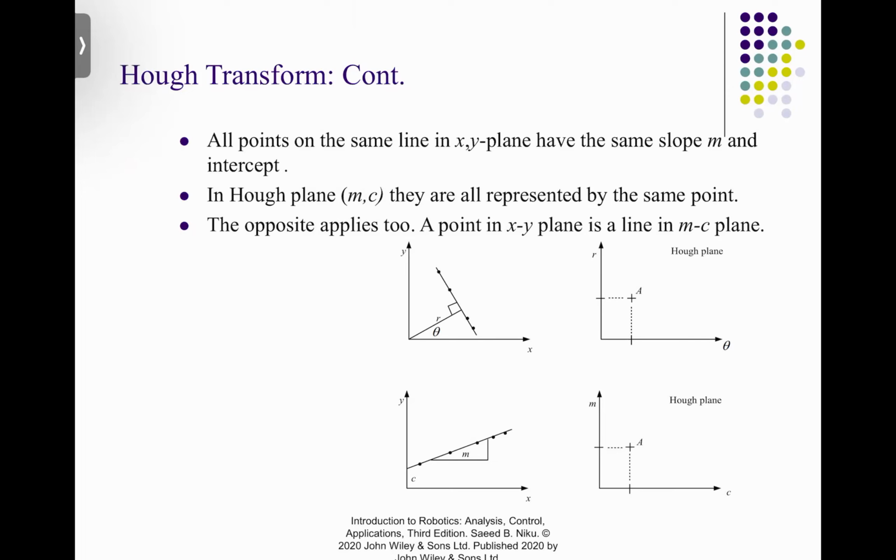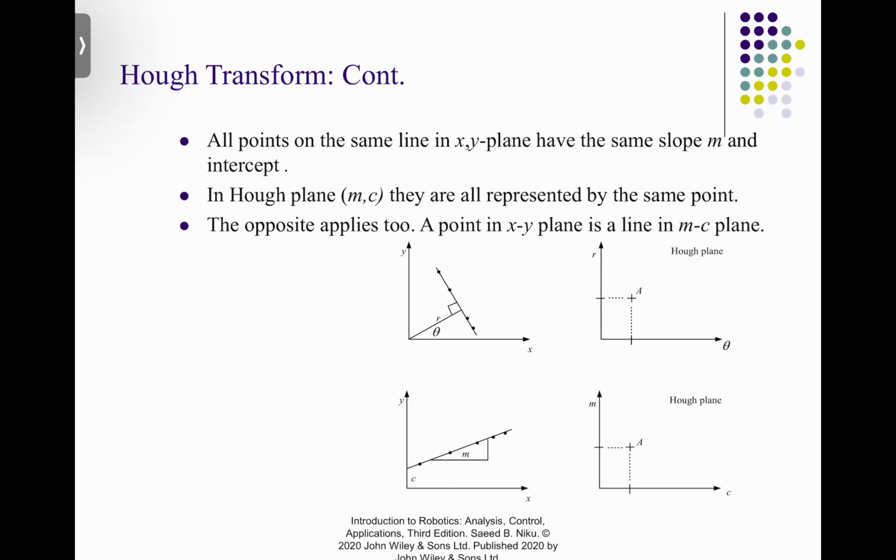If all these points are at the same point on the m-c plane, then we know that those points are on a straight line. Why is it needed? Sometimes you have half of an edge and you want to extend or complete the edge, or you want to find out which points are connected and how they are connected.